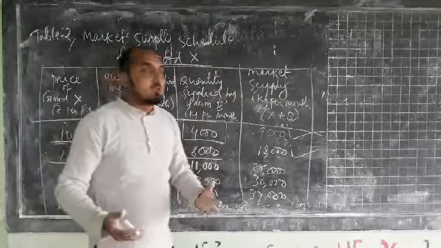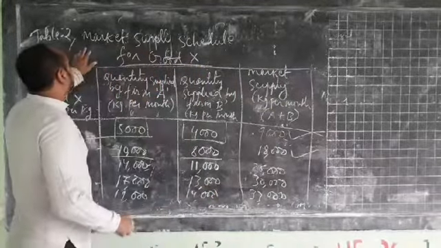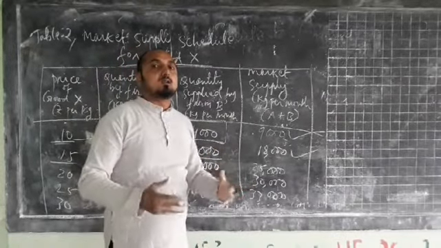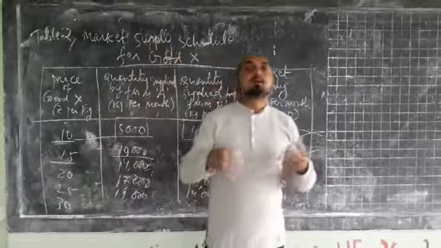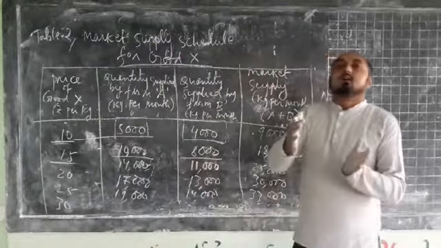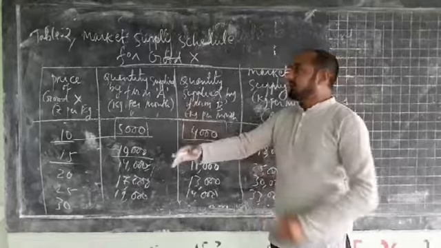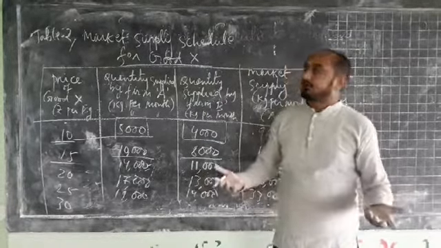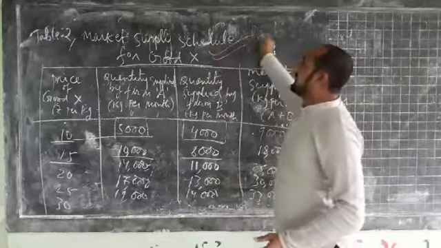So this is the way to represent the market supply schedule of good X, where we have seen that many producers are supplying various quantities of the commodity at the different prices, and if we represent it in a tabular form, that is a market supply schedule.